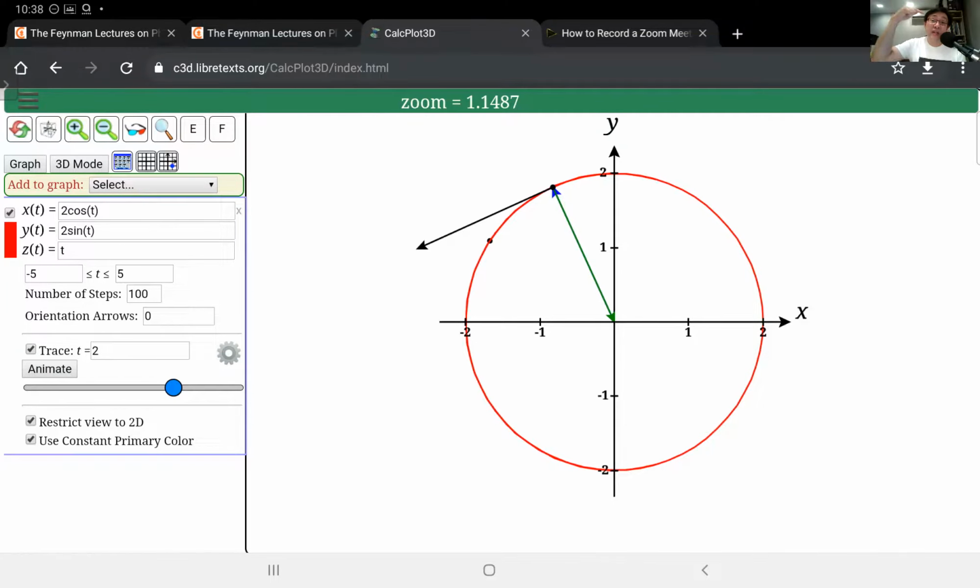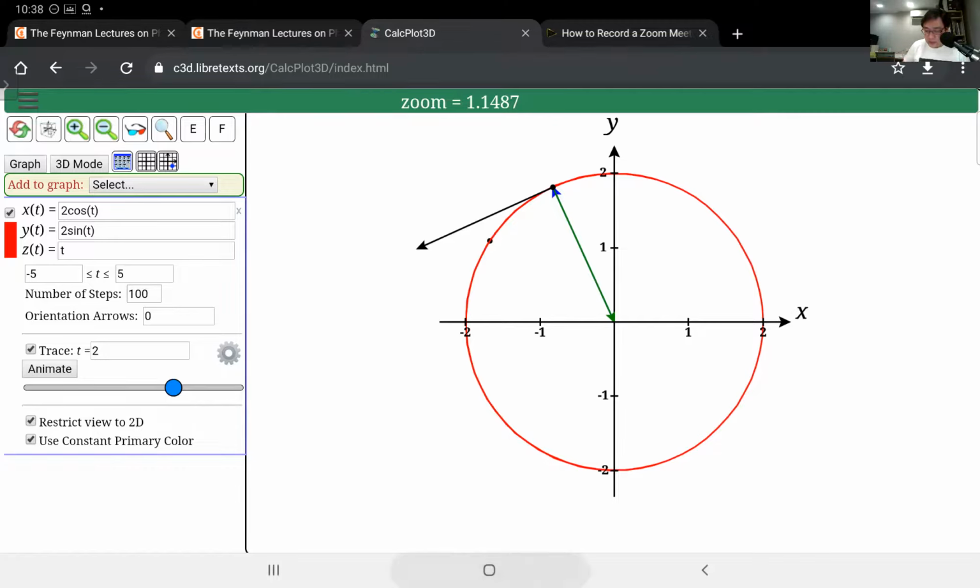But then when you do the derivative of the black, which is velocity, you get acceleration. Everyone knows circular movement has centripetal acceleration, so that's why there is a green vector pointing towards the center. That is your acceleration of a circular motion.